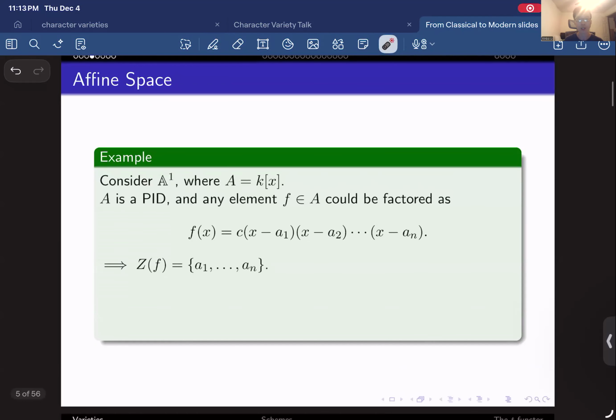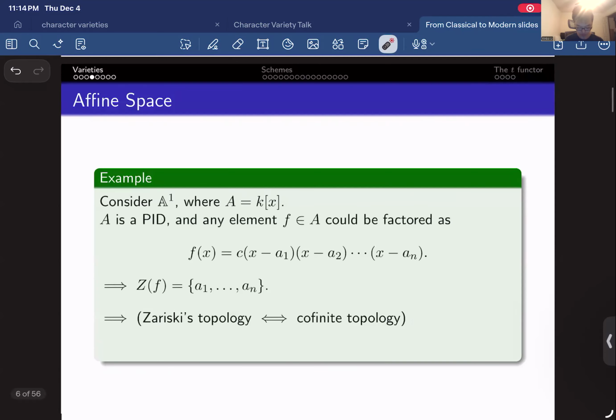For example, let's consider A1, the affine line, where the coordinate ring is k[x]. A here is a PID, a principal ideal domain, and then the element f inside my coordinate ring A can be factored into linear terms. So f(x) can be expressed as c times (x minus a1)(x minus a2) and so on up to (x minus an). We deduce that Z(f) is actually a finite discrete set of points.